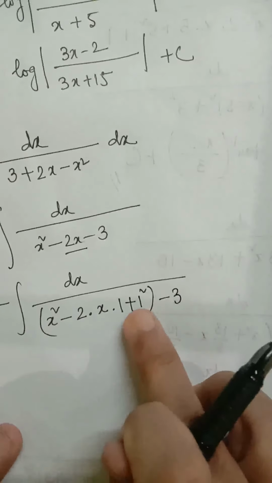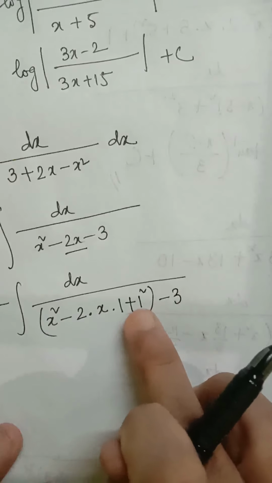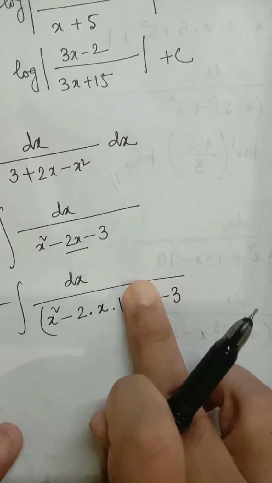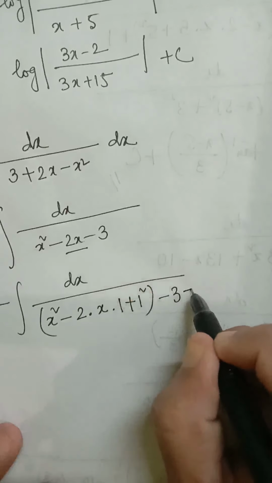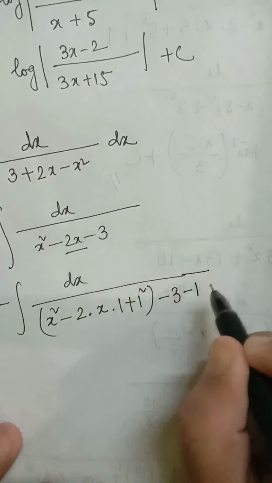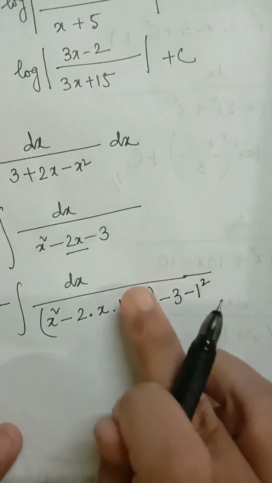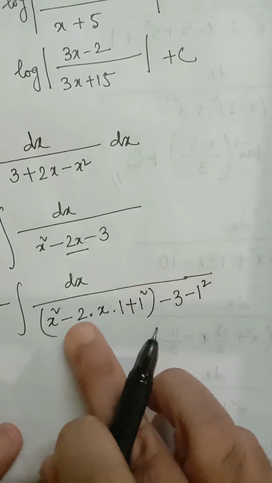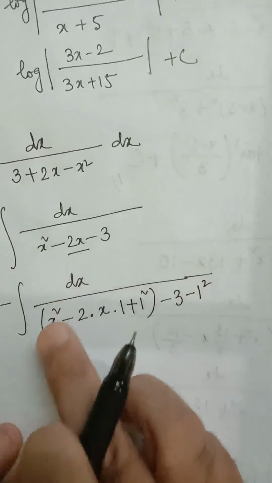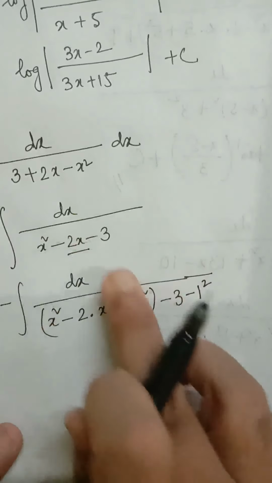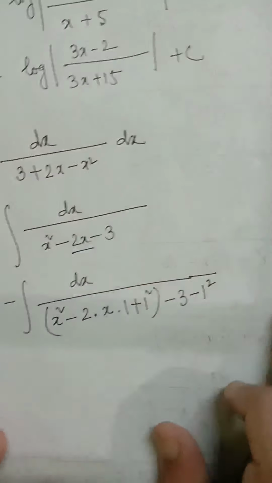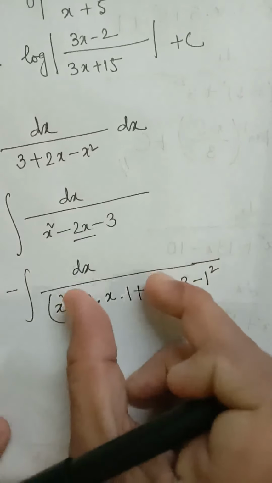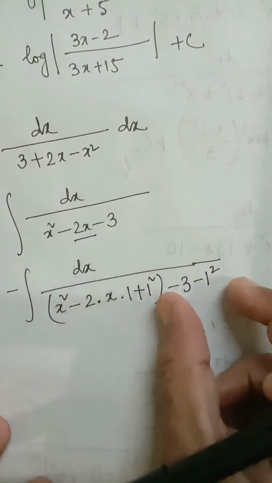As I have added plus 1 square, this term is extra, so to adjust, you have to write minus of 1 square. In that case, plus 1 square minus 1 square will get cancelled. You will get x square minus 2x minus 3, and these two terms will get cancelled.